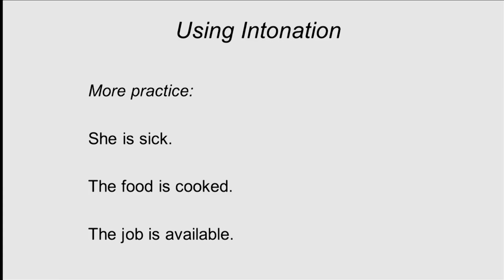All right, so let me test you a little bit. The other thing we talked about for intonation is that you will know from intonation if the person is sure or not sure. So I'm going to read the sentence, and I want you to say if you think I am sure or I am not sure. So listen and then reply if you think I'm sure or not sure. She is sick? Yeah, that's right, not sure. How about the next one? The food is cooked.